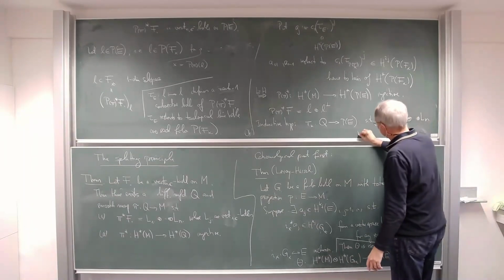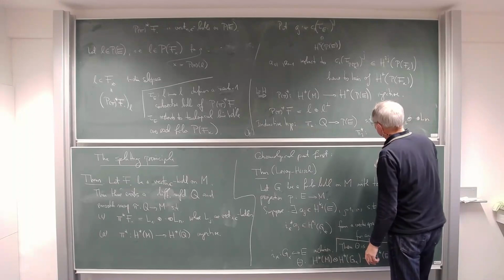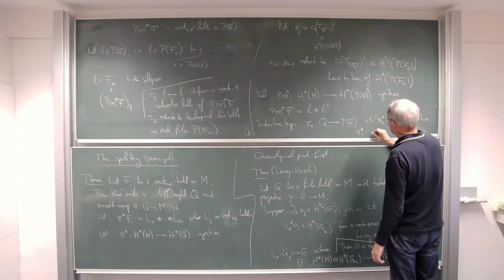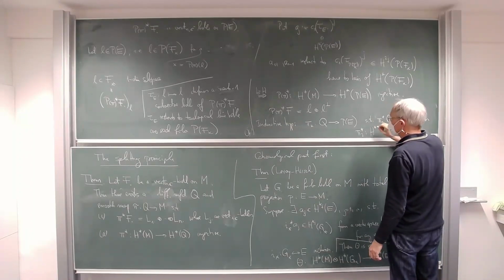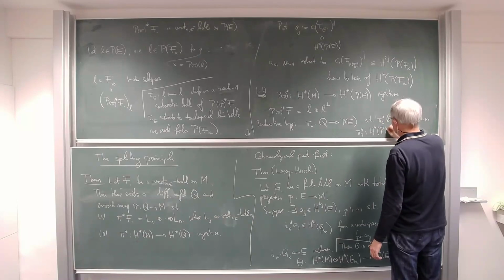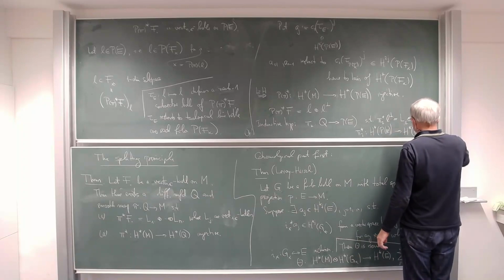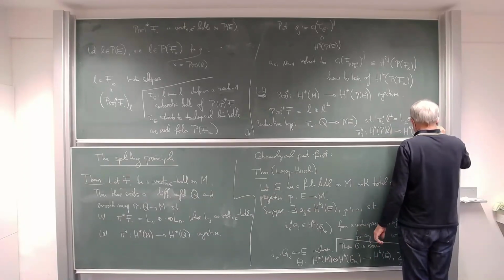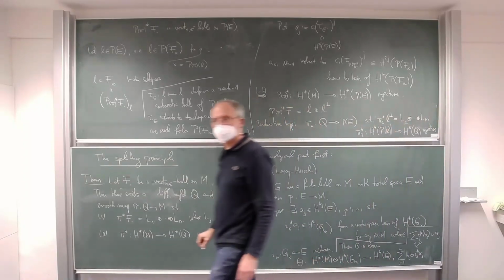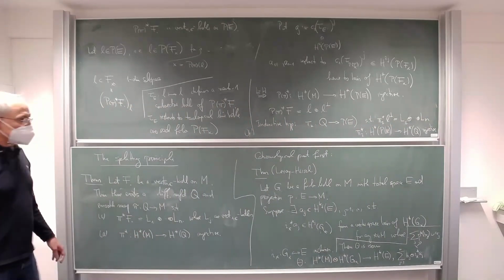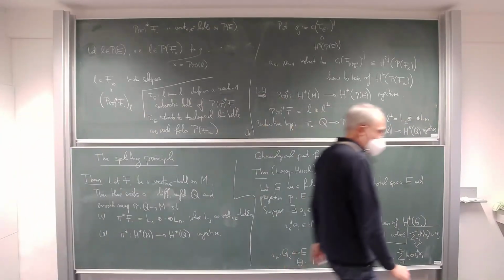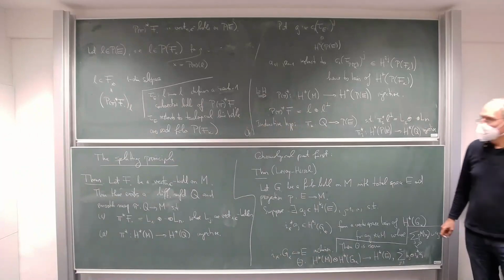And the map on homology is injective. So that's injective, that's by induction. And the only thing I have to do now is compose these two maps. Right?